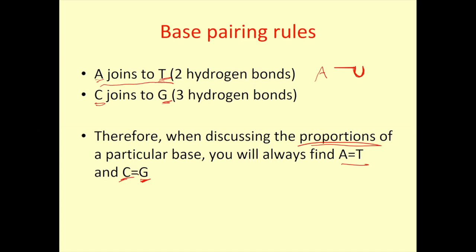We are talking about DNA at the moment. Obviously, AU refers to RNA, A binding with U. So those are the rules, as you well know.